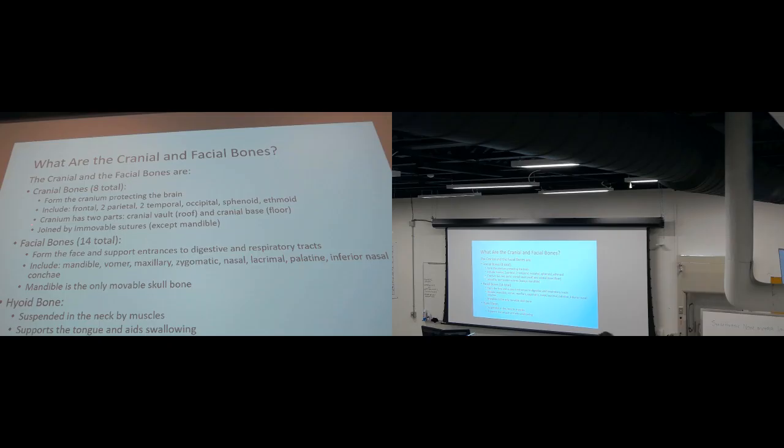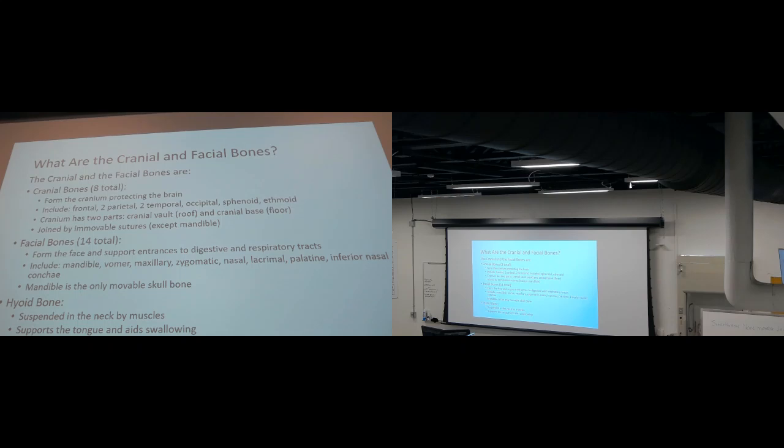Now, for facial bones, we have 14 facial bones. They provide a structure to allow the insertion of the muscles of the face, the facial muscles, and help to support entrances to the digestive and respiratory tract.